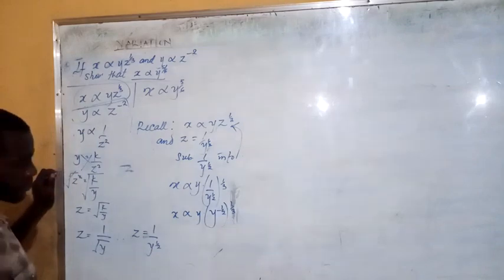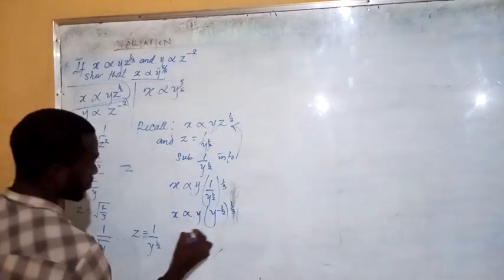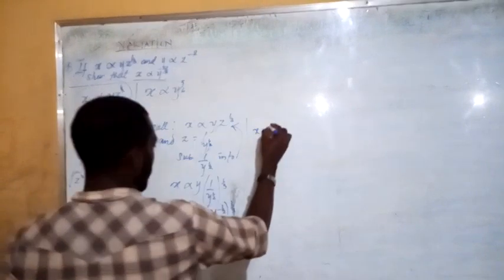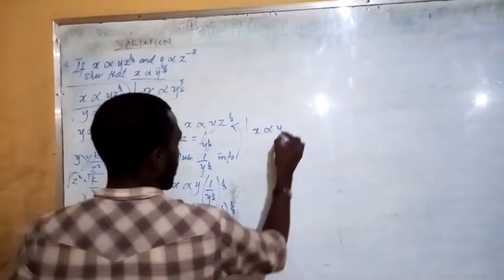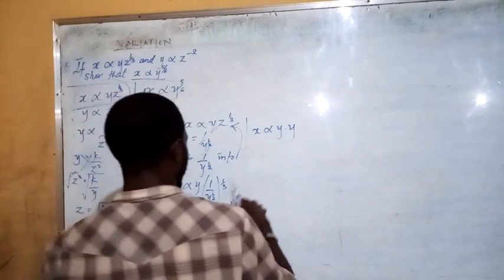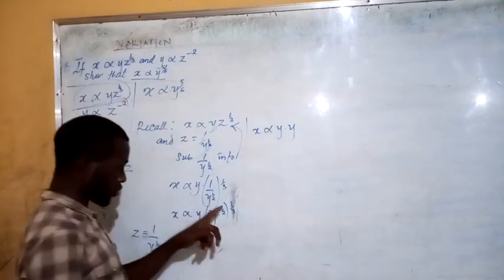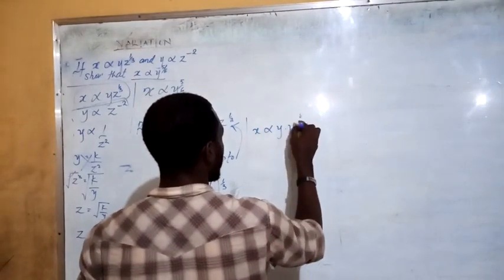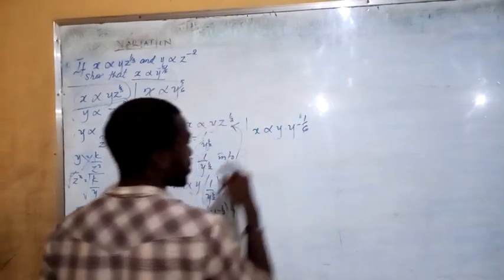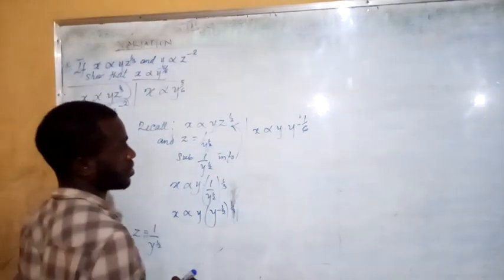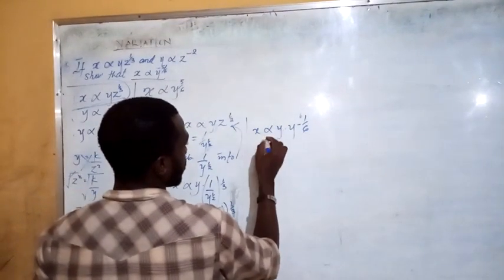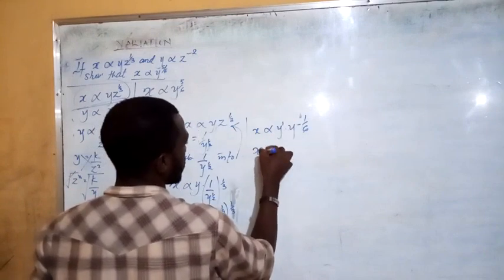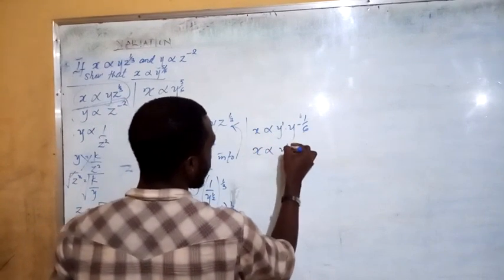So here, x varies directly as y, and now we take the product of minus 1 over 2 and 1 over 3, which gives negative 1 over 6. Since y on its own is raised to the power 1, we now have x varies directly as y raised to the power 1.